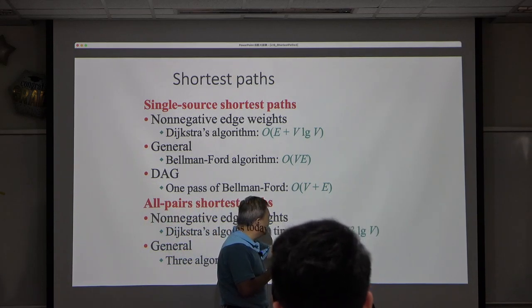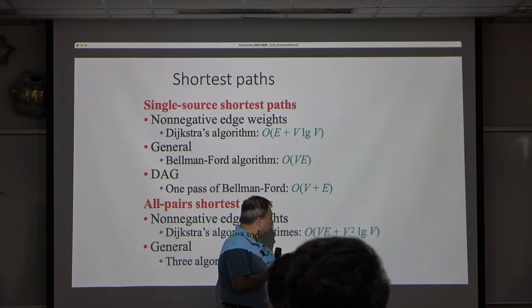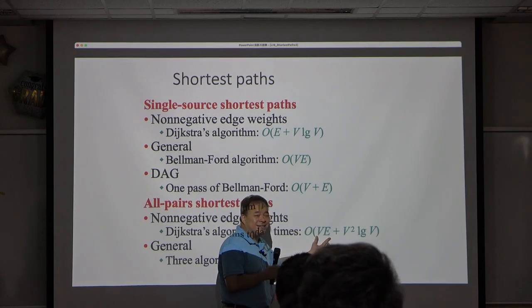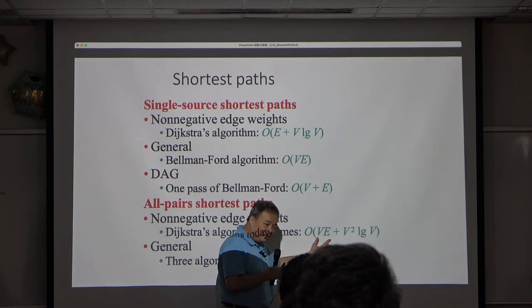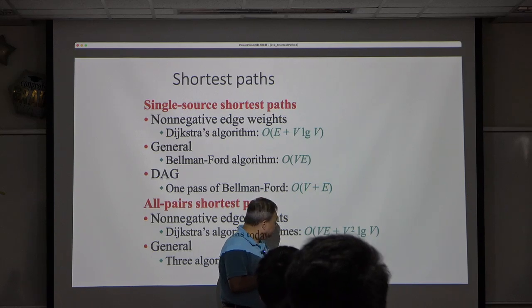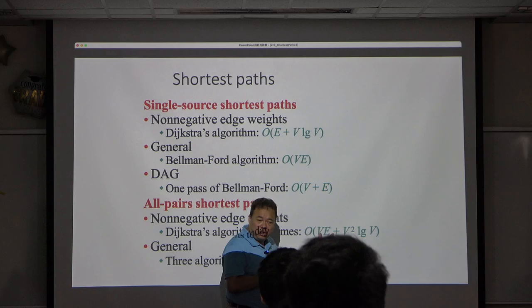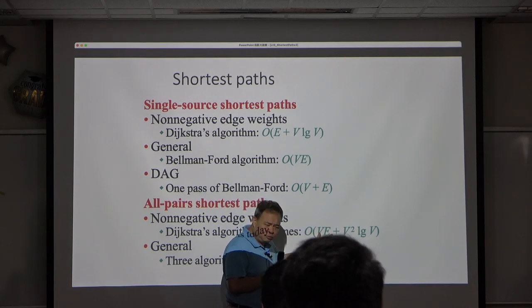If your graph is a dense graph, this part is n cubed. Yes, that's true. But if your graph is sparse, then this V times E could be much lower. It's going to be between n squared and n cubed.